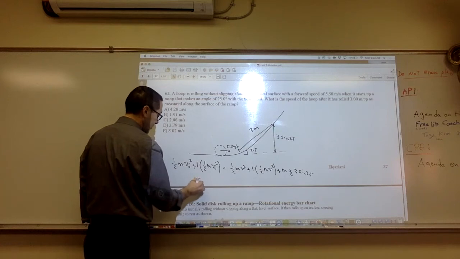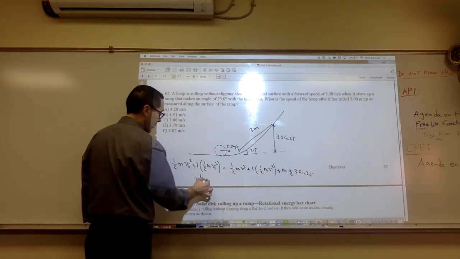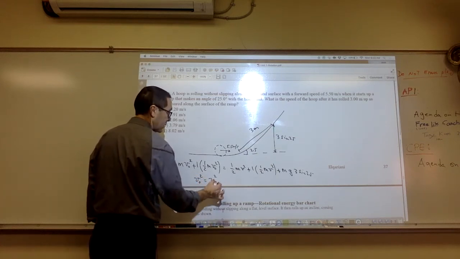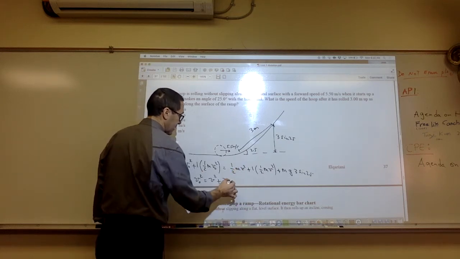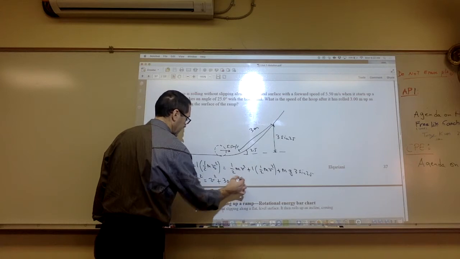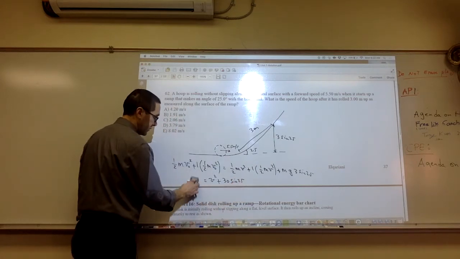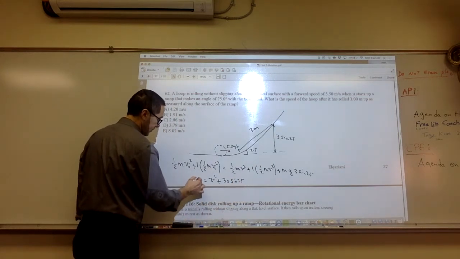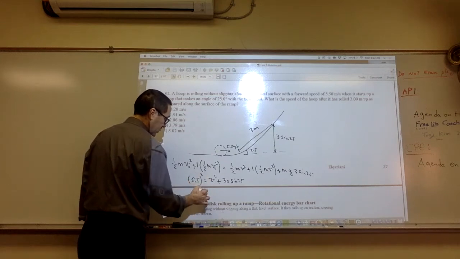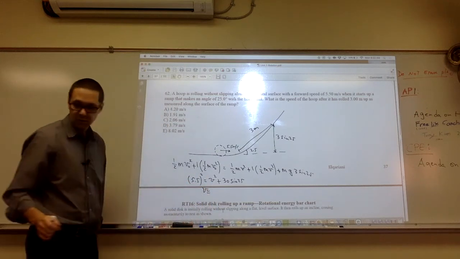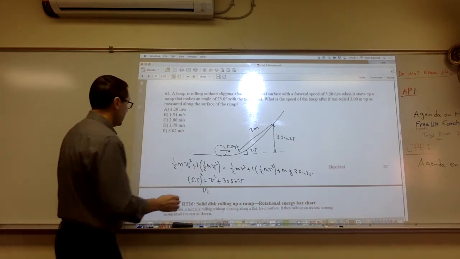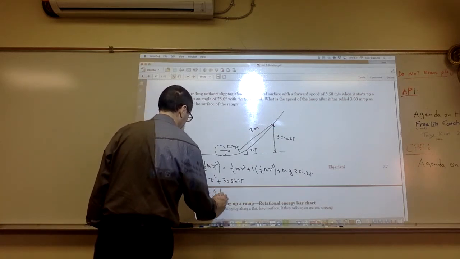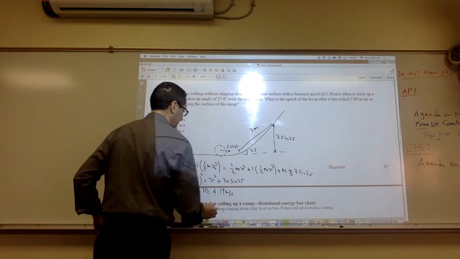So I think this is just going to be v0² equals v² plus 30, that's 3 times 10 sin 25. Now this v here is 5.5 squared. So by the time you finish with the math, you should get 4.19 meters per second.